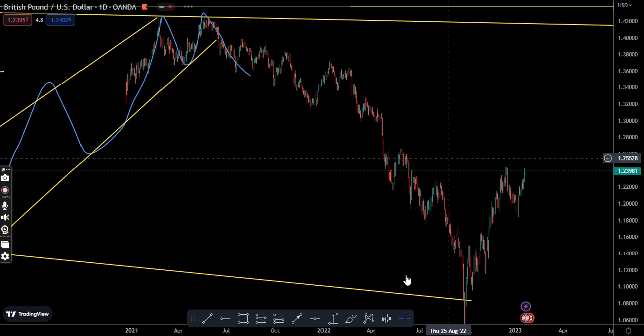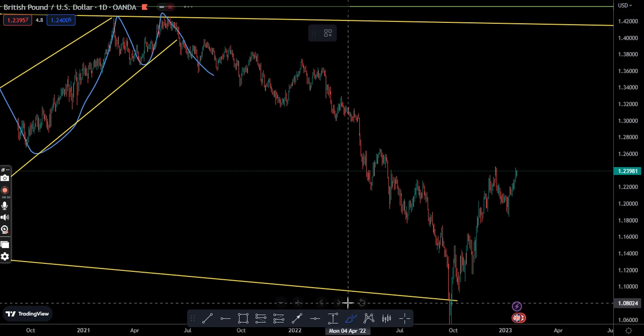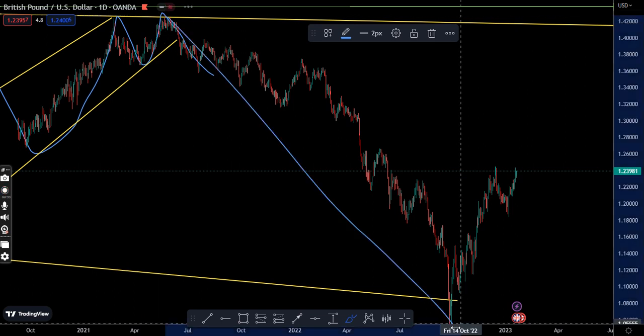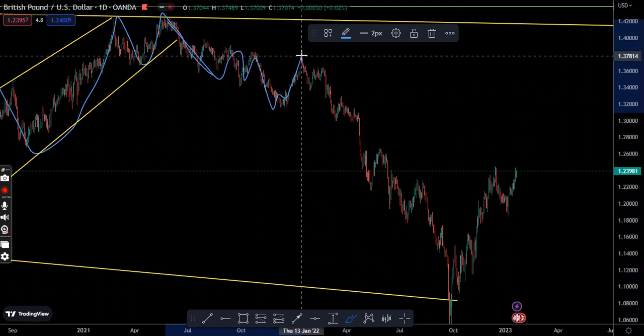As I was talking about the impulses and corrections within the bigger impulses of the higher time frame structures, on the weekly is a strong impulse, but on the daily we have impulse corrections here.